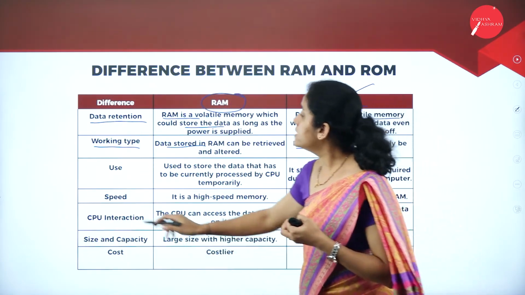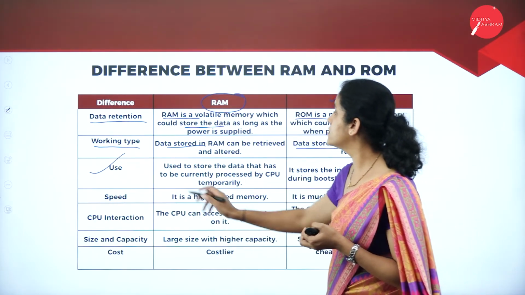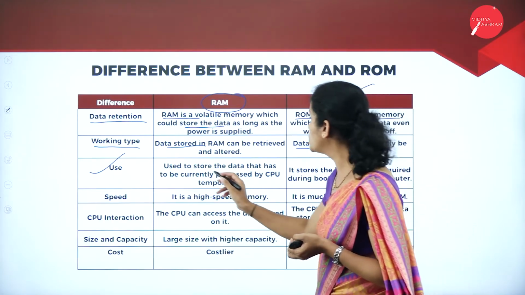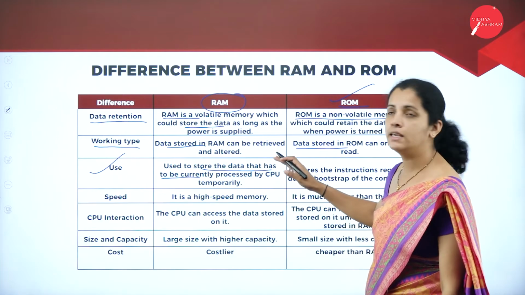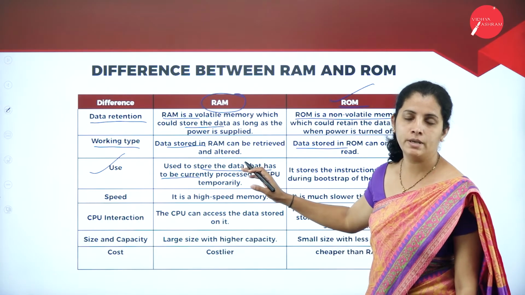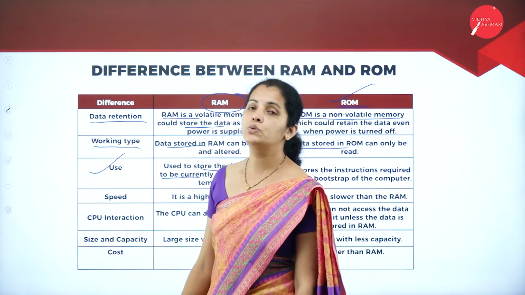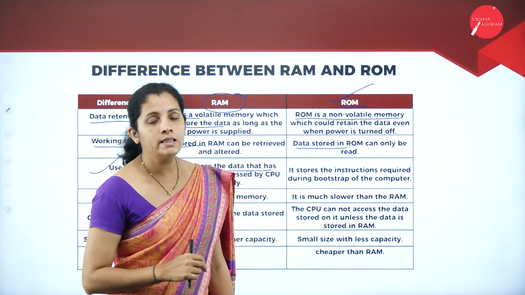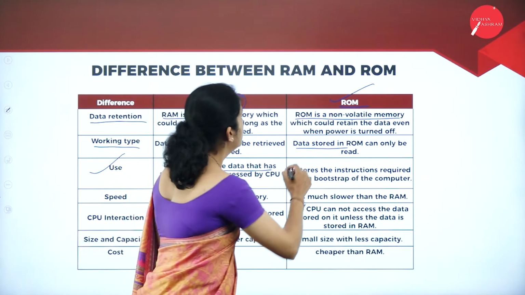The next difference is use. Random access memory is used to store the data that has to be currently processed by the CPU temporarily. That means random access memory is mainly used to store data required by the CPU frequently and temporarily.